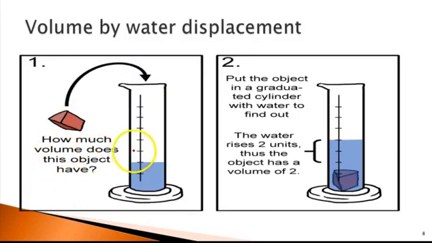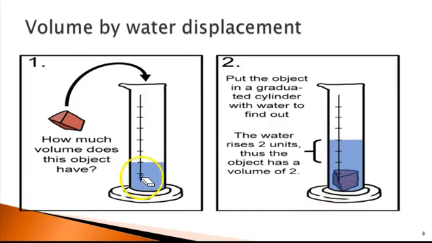To find the object's volume, you have to know how much water you put in first. So let's say I've got 2 milliliters of water in here first. When I put my object in there, you'll see the object raised the water up 2 more units, up to 4 milliliters.